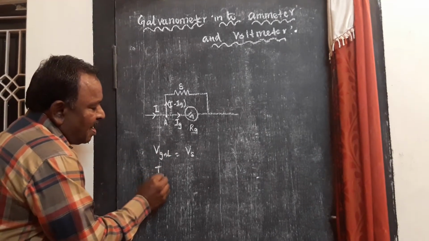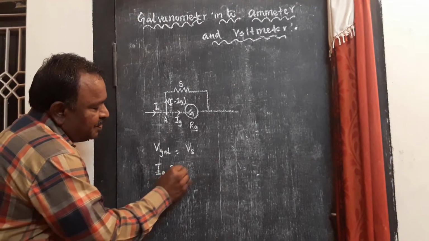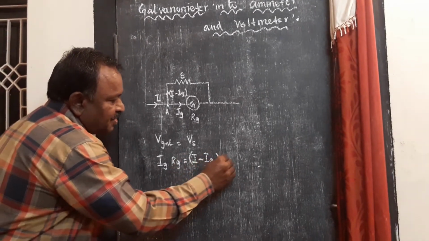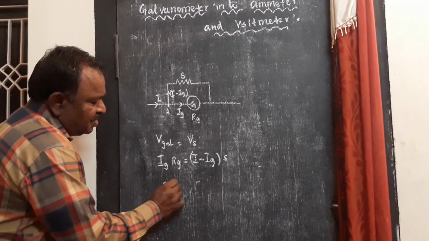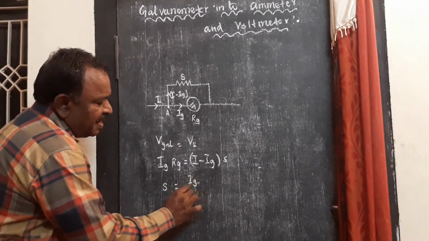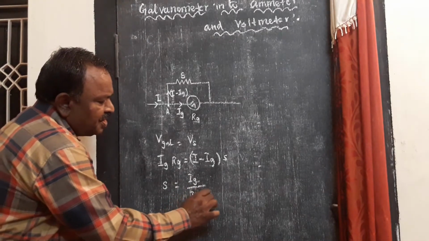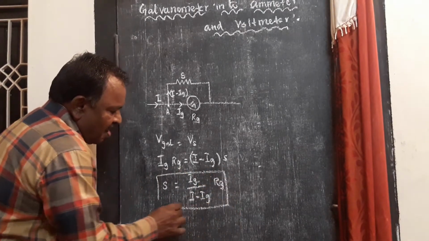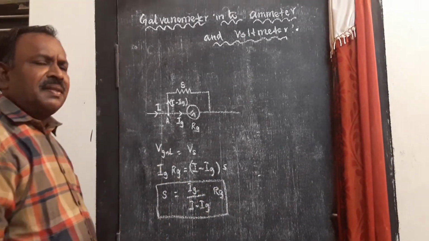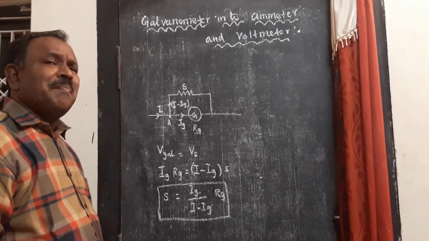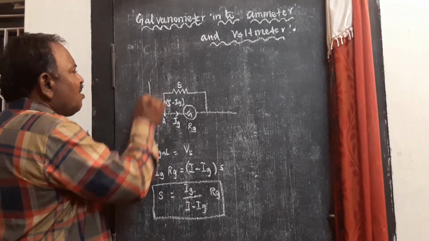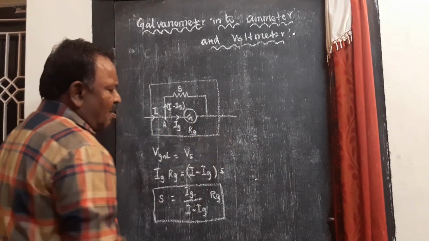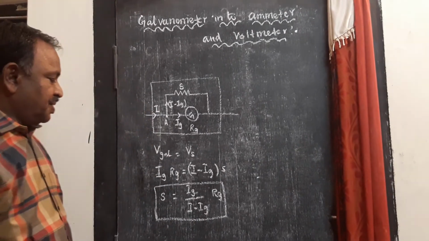That is, Ig into Rg is equal to (I minus Ig) into S, or S is equal to Ig by (I minus Ig) into Rg. So this expression will give the value of the shunt resistor that must be connected in parallel to this galvanometer to convert it into an ammeter of I ampere range.